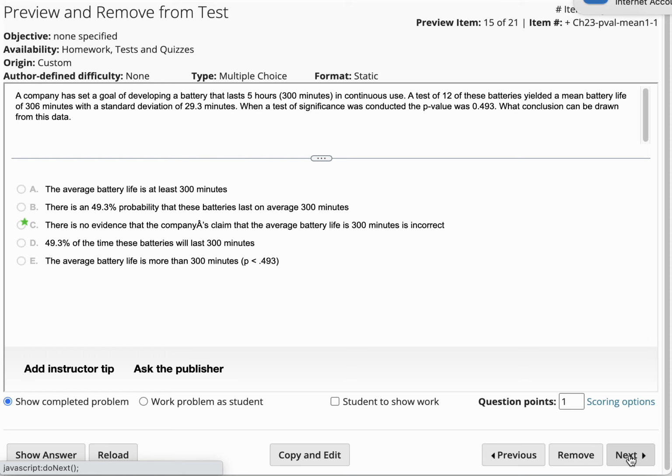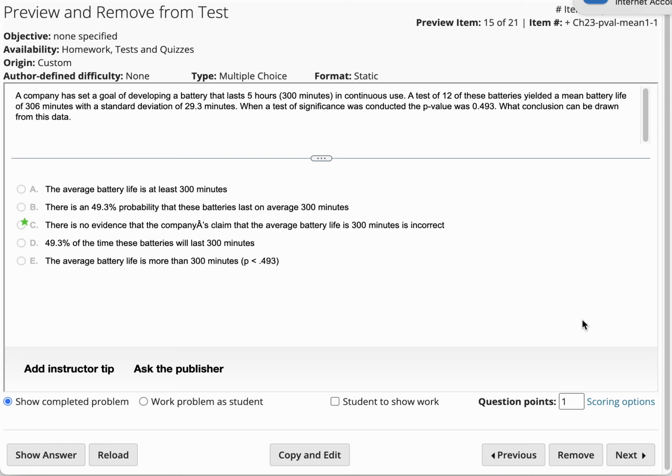A company is developing a battery that lasts 300 minutes in continuous use. A test of 12 of these batteries, this is again a problem involving means. What test of significance? The test of significance wound up having a p-value of 0.493.